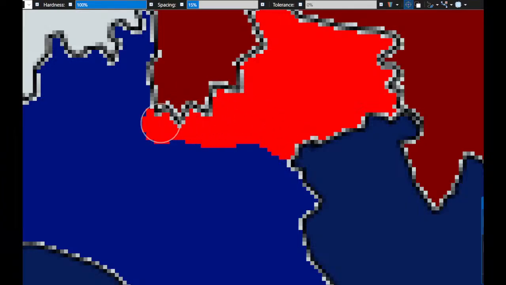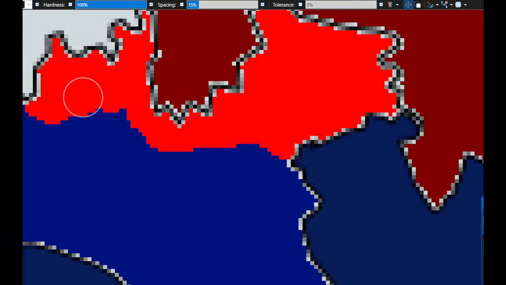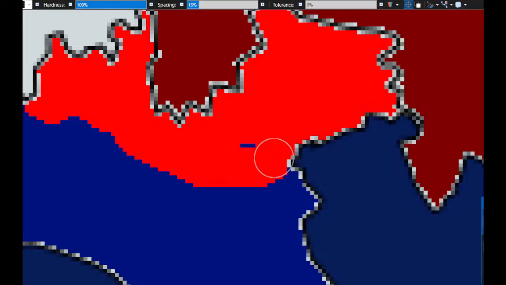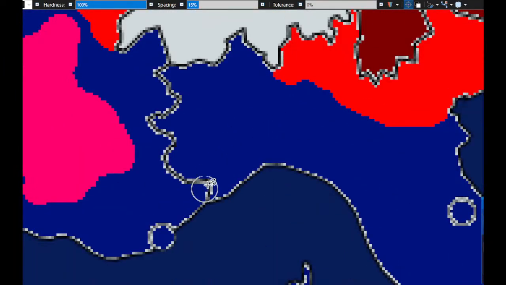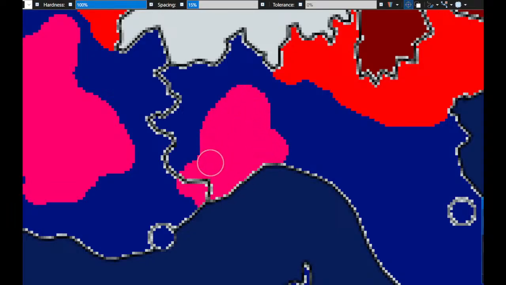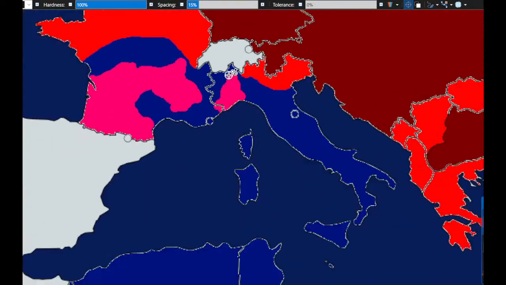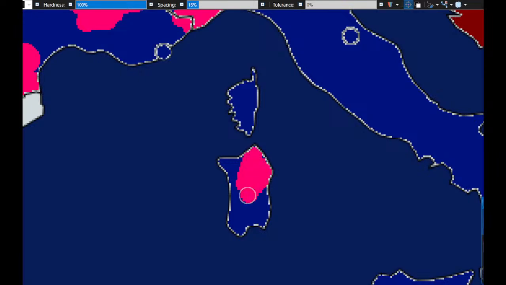So yeah, the Austrians penetrate a bit farther into Italy, and Italy remains persistent, not resilient. But yeah, now there are uprisings in Italy too.